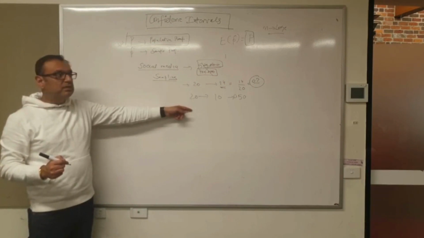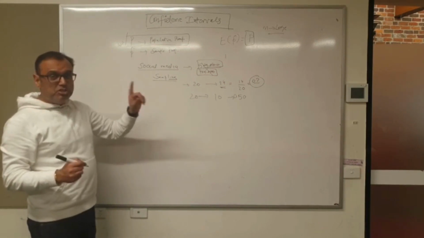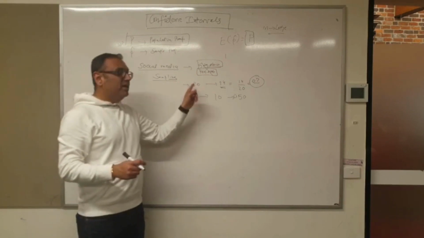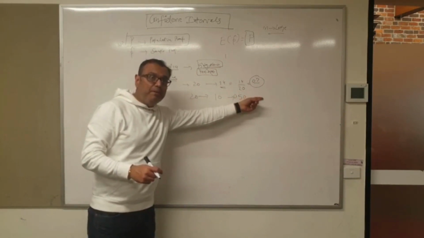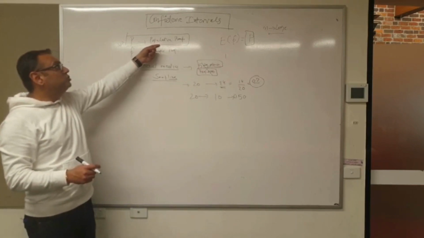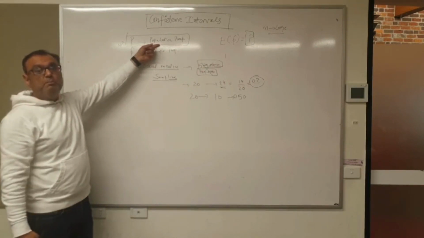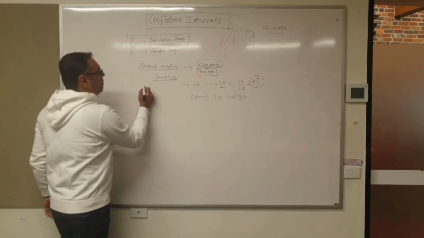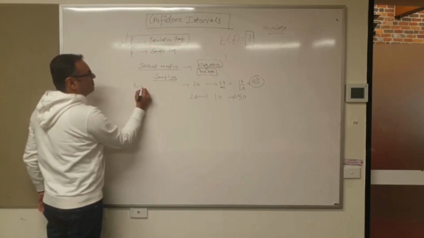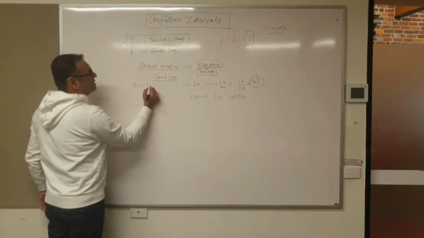So when I'm just using a single sample and its sample proportion to be almost equivalent to the population proportion, I call that point estimation.